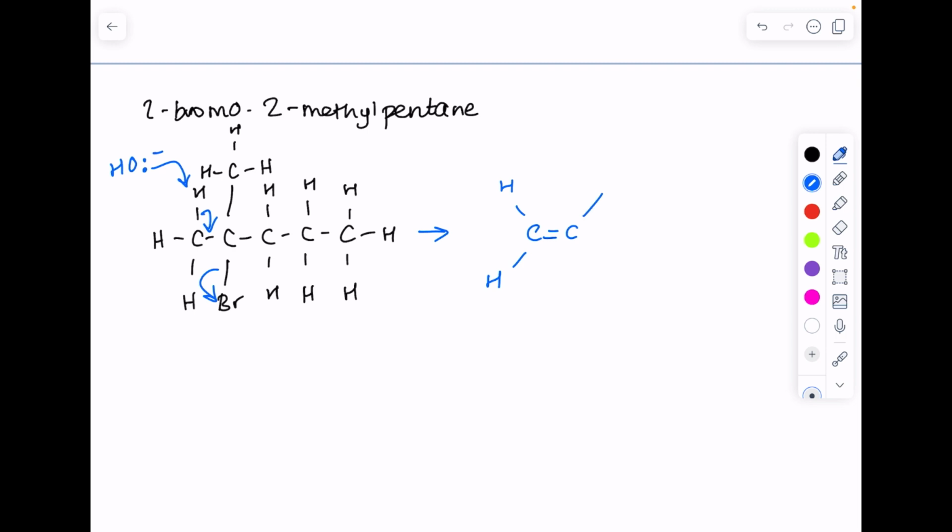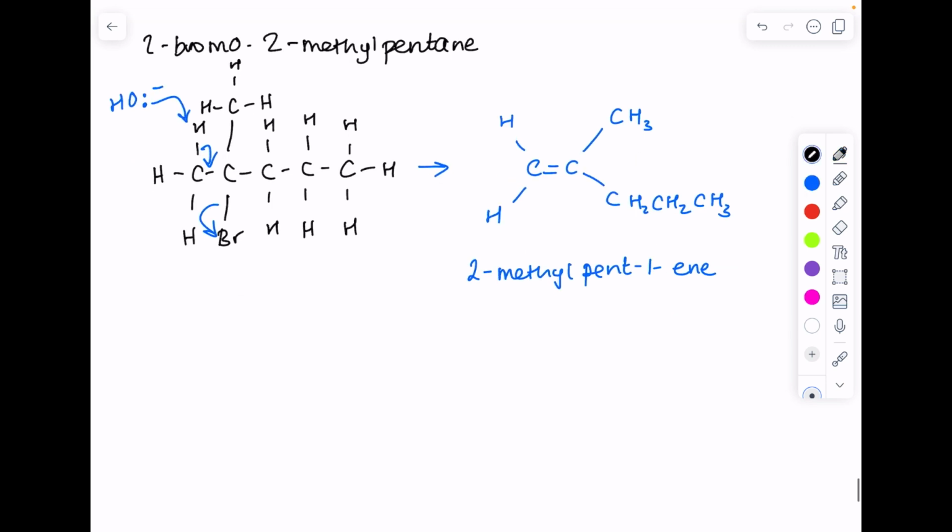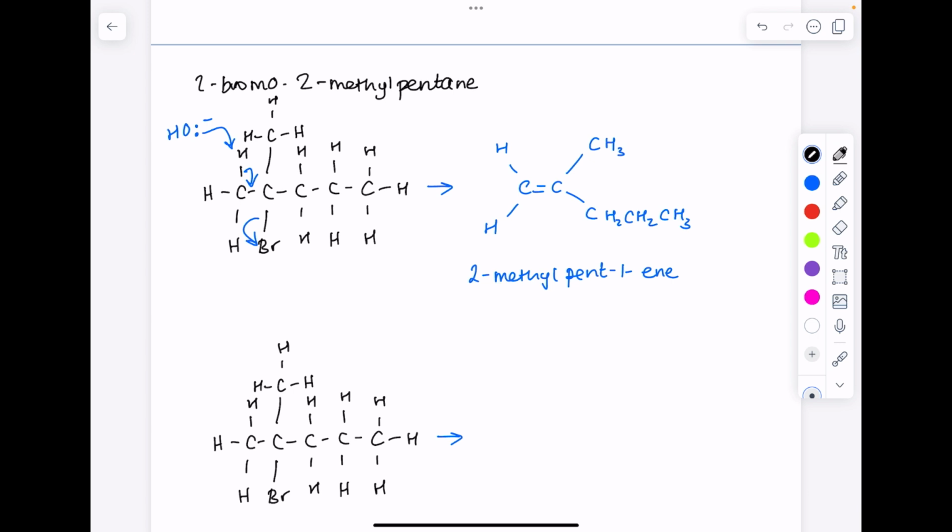Then continue the chain. Let's name it. The longest chain has 5 carbons. The double bond is on the first carbon, so it's pent-1-ene. And then we have a methyl group on the second carbon, so it's 2-methylpent-1-ene. But let's take scenario 2 with 2-bromo-2-methylpentane again.